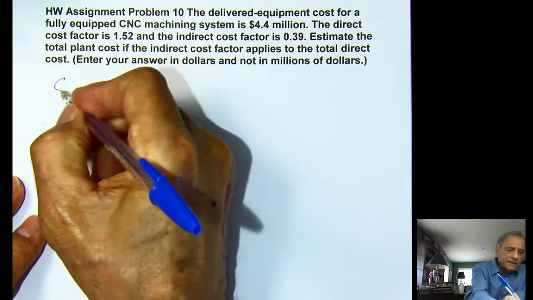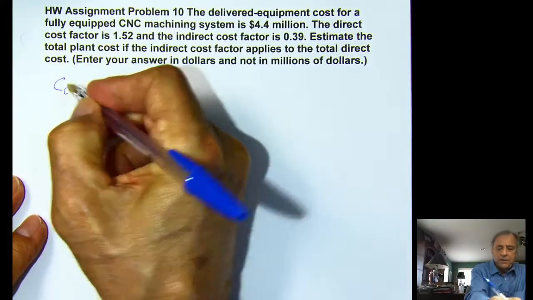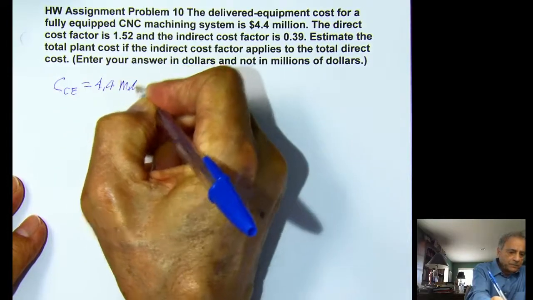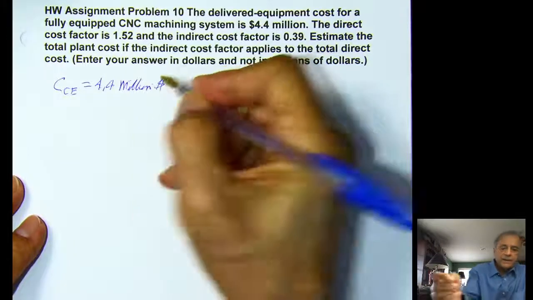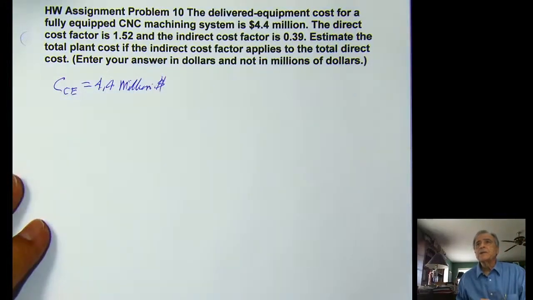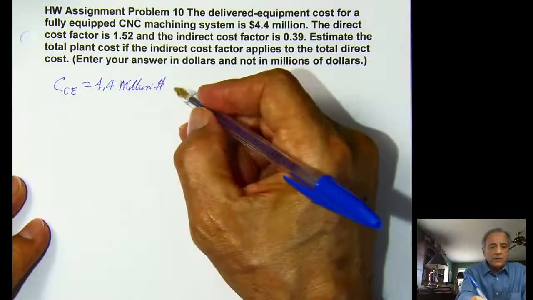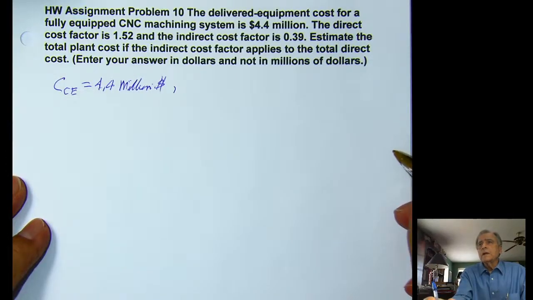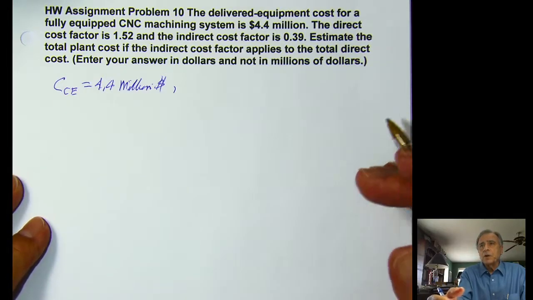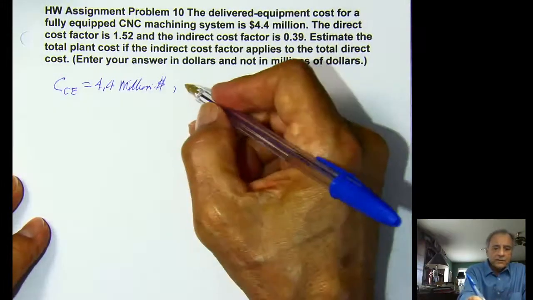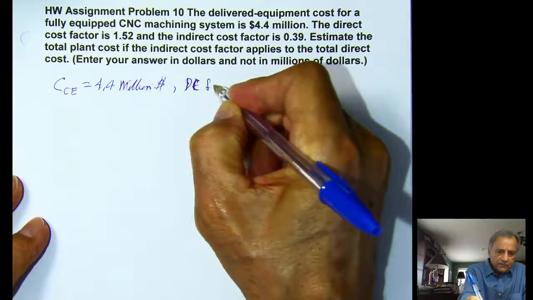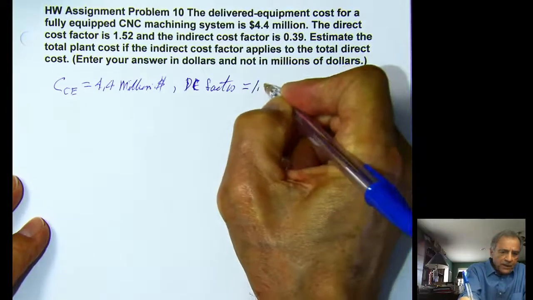So the author says the delivered equipment cost for a fully equipped CNC machining system is $4.4 million. So that's the C sub E, the equipment cost, $4.4 million. That's a given piece of information. Then he says the direct cost factor for this particular cost estimating problem, I'll just say DC factor, is 1.52.